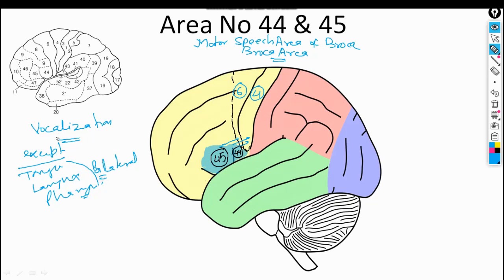So area 4 can control the opposite side, but the tongue, larynx, pharynx have bilateral control, meaning the other side also controls these parts. So area 44 and 45, after the formation of the word, the signal goes to the motor area and accordingly the muscles respond and result in vocalization.